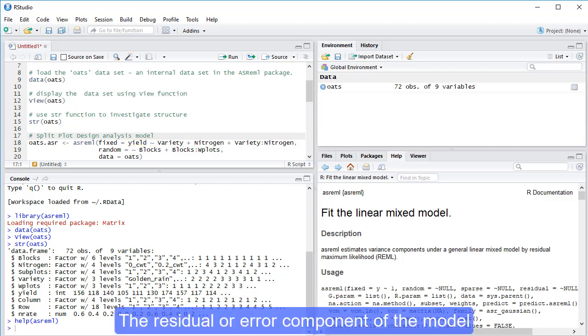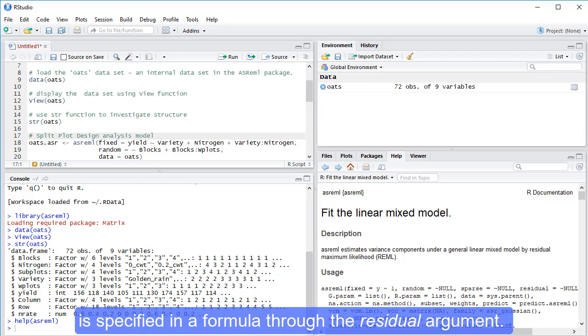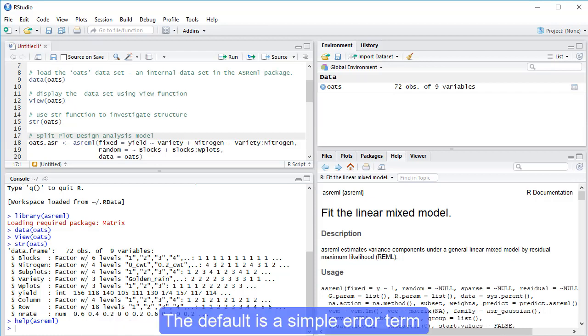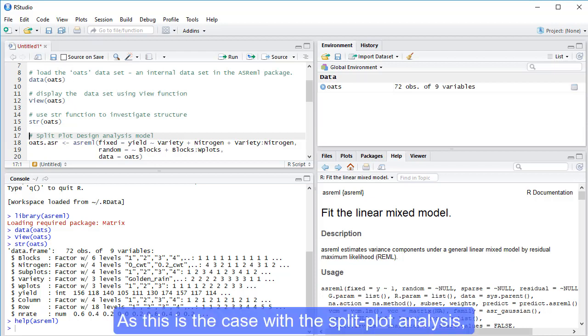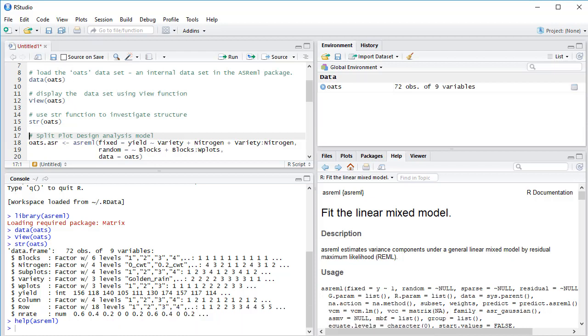The residual or error component of the model is specified in a formula through the residual argument. The default is a simple error term representing independent and identically distributed effects. As this is the case with the split plot analysis, we do not need to specify the residual.